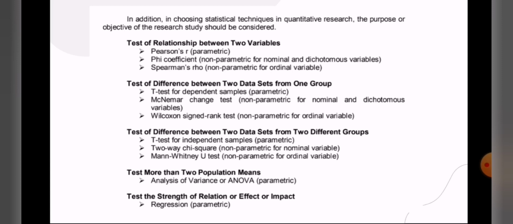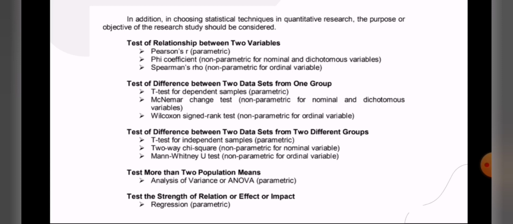And if your research is about the difference between two data sets from two different groups, so that's broader. You will use t-test for independent samples, two-way chi-square, Mann-Whitney U-test. No? And let's say your research is for more than two population means. No? What you will use there is analysis of variance or ANOVA.